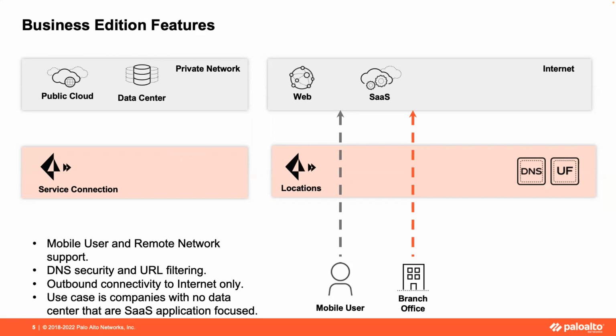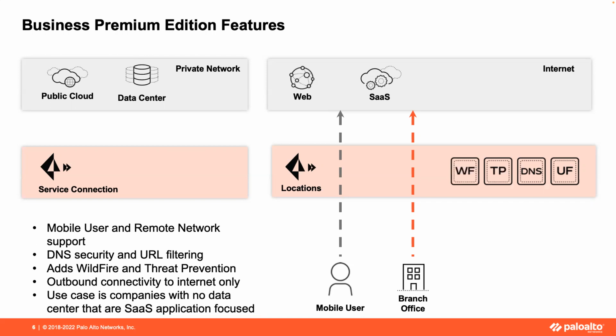So we have direct access into the internet for any of your web browsing and your SaaS applications that everybody uses these days, you know, Workday and Salesforce, Office 365, and all of those things.